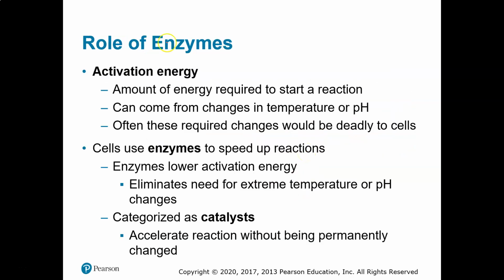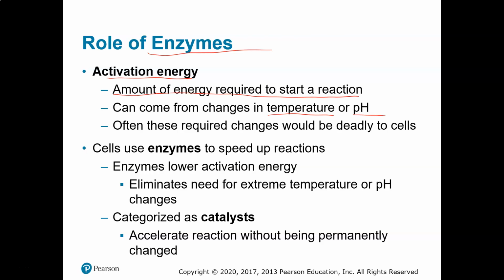All right, enzymes lower the activation energy of a chemical reaction, and that makes the chemical reaction take less time. So the activation energy is the amount of energy required to start a reaction, and it can come from changes in temperature or pH or other changes, and often these changes could be deadly to cells.